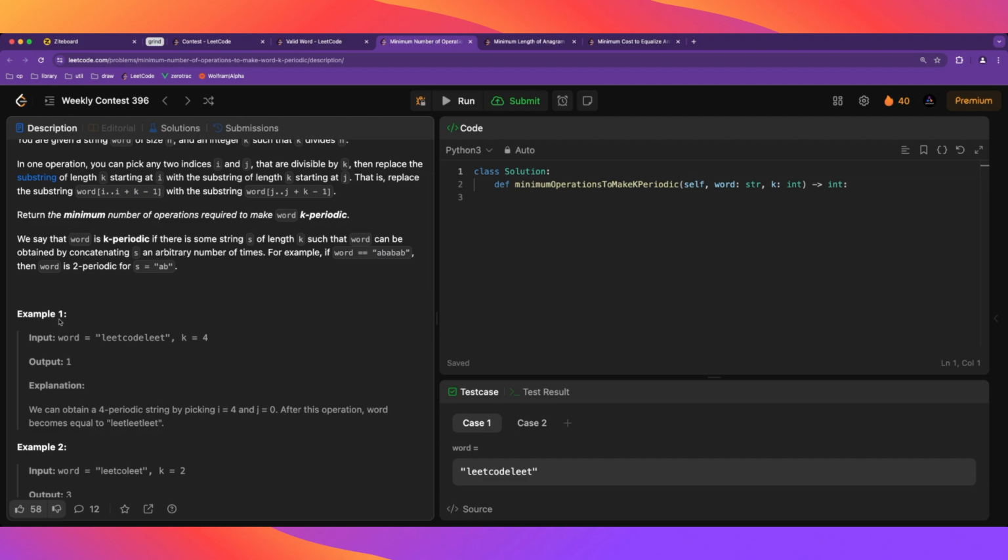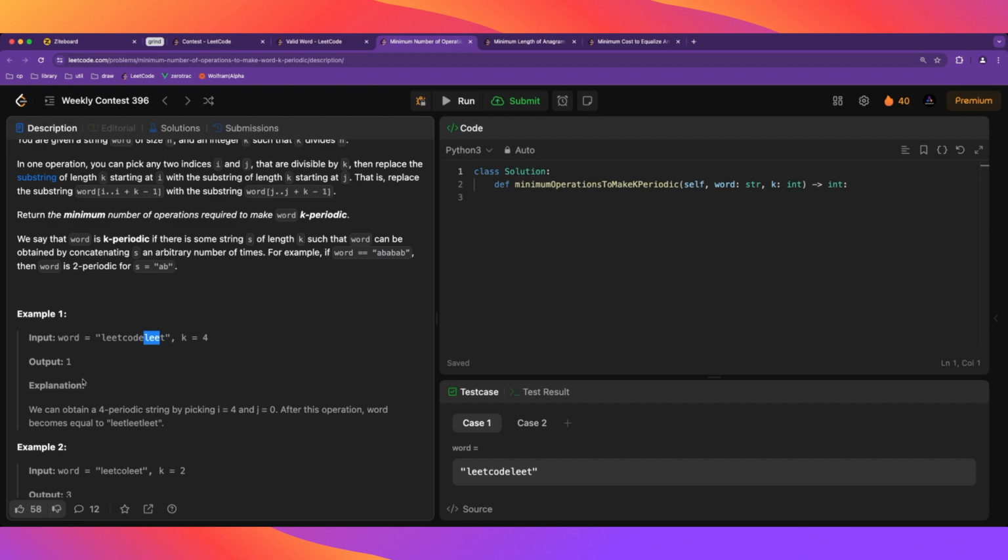And here, example 1, we have leetcode leet, and the answer is 1 because we can set code into any of the other two, leet, and then we have leetleetleet, which is 4 periodic.